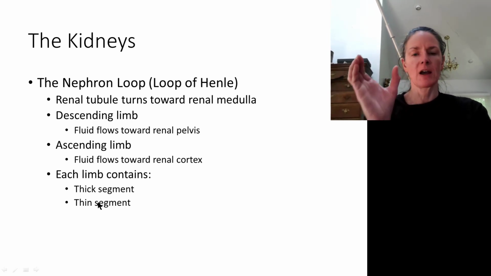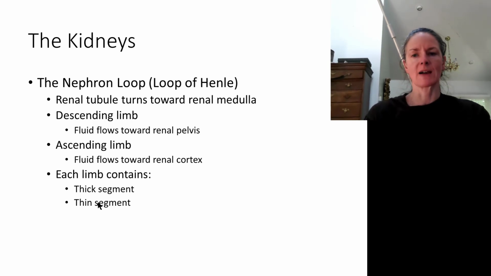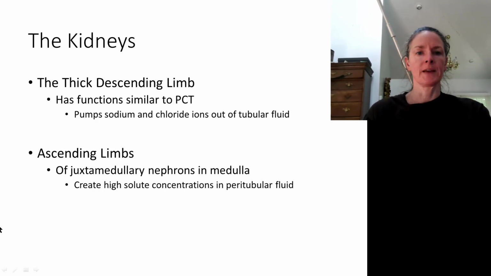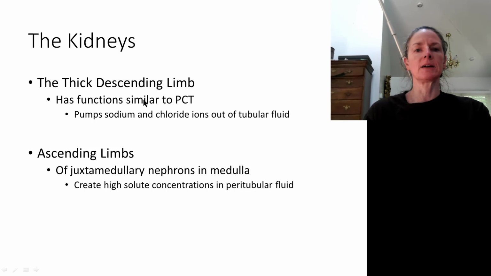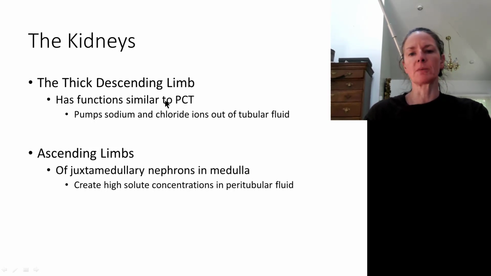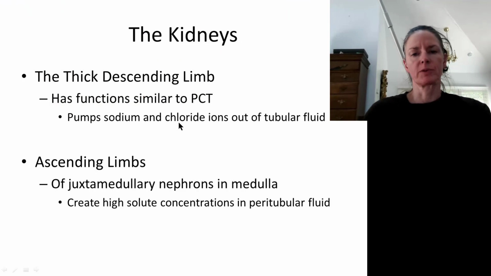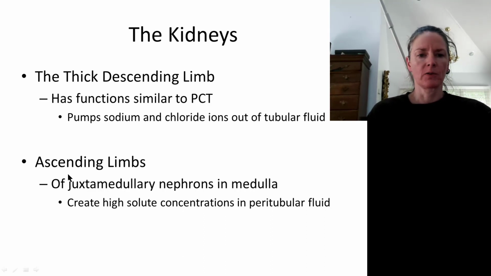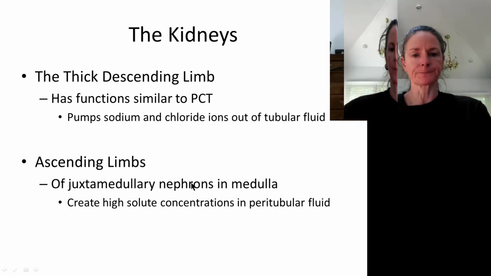The thick segments have a cuboidal type of epithelium, whereas the thin segments go back to that simple squamous epithelium. And so the descending limb is going to be somewhat similar to the functions of the proximal convoluted tubuli. This really pertains more to the thick ascending limb, which we'll talk about a little bit later, where we're going to pump lots and lots of sodium chloride out of the tubular fluid into the interstitial spaces. So the thick ascending limb.